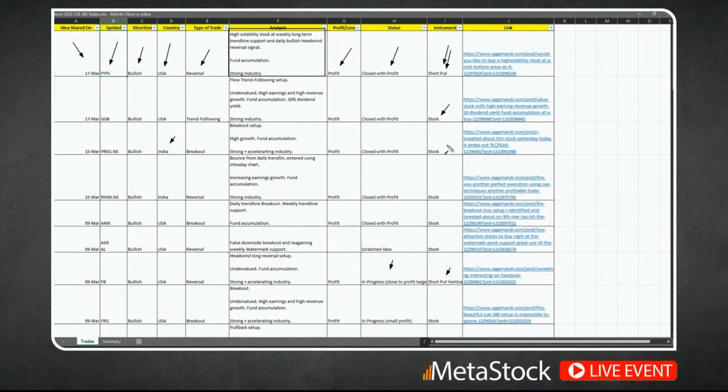Those are very risky instruments. I don't trade them. I don't suggest trading them. All these trades could be taken with stocks, and sometimes if you wanted to have volatility also as a friend, you could use short put or short put vertical. And last column has the link of the website post for that trade.